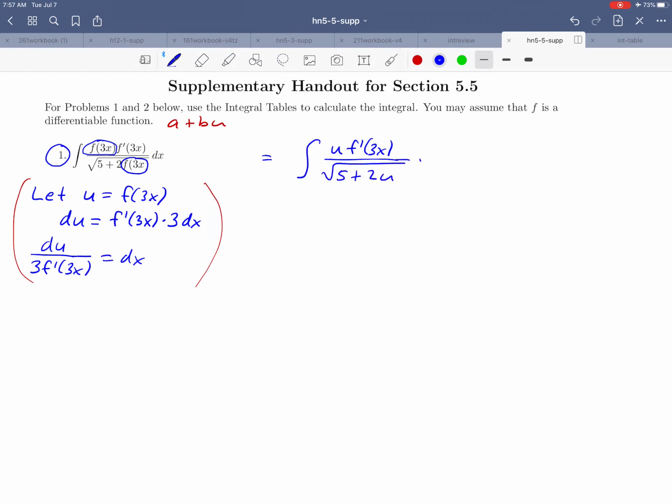We just discovered that dx looks like du over 3f prime of 3x. Do we get any cancellation here? Well, we do. We've got an f prime of 3x in the top and the bottom, so those go away entirely. What's left, I notice there's a 3 in the denominator that we can factor out. Why don't we do that?